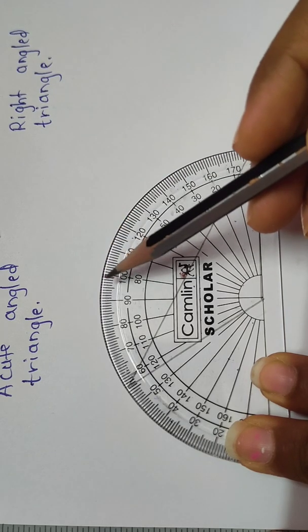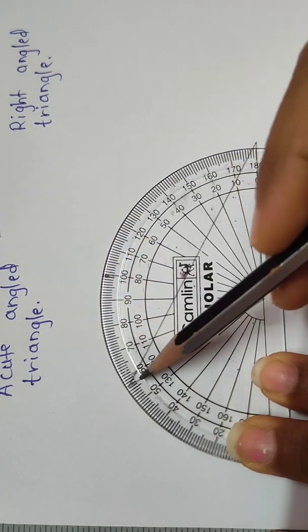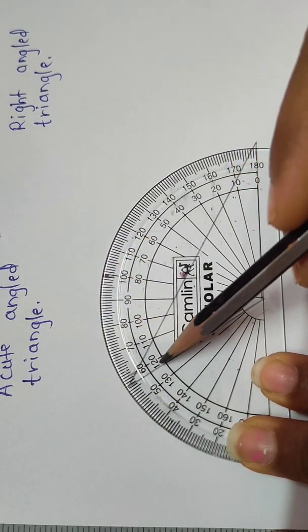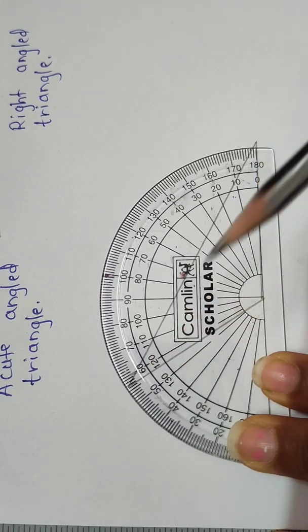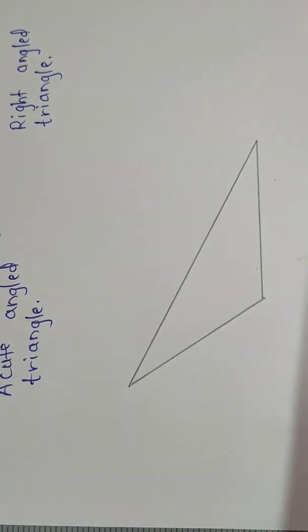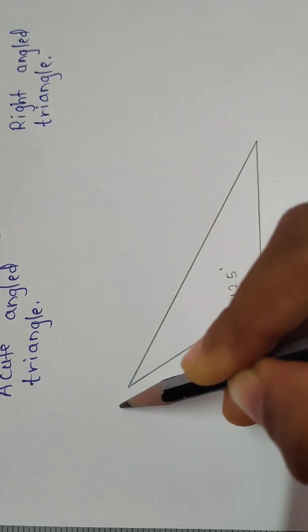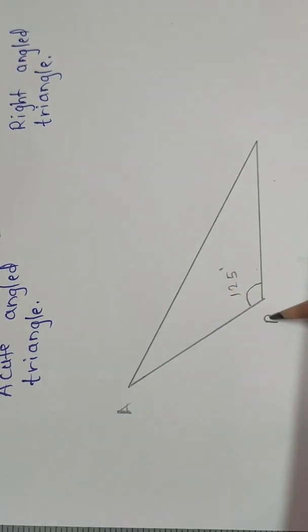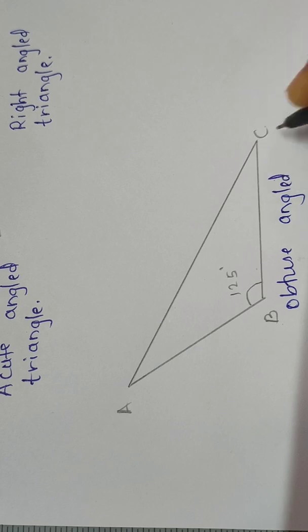See, our 90 degrees is here and it is somewhat 125. So it is greater than 90 degrees. So this is an obtuse angled triangle.